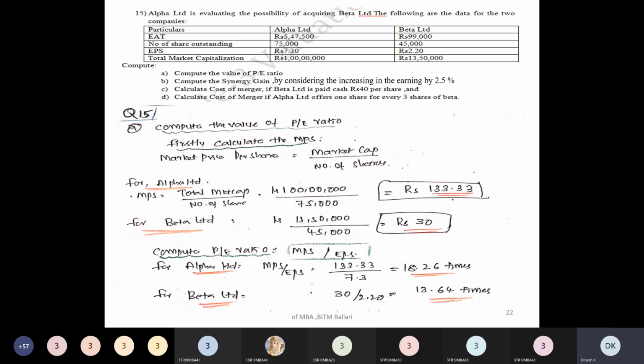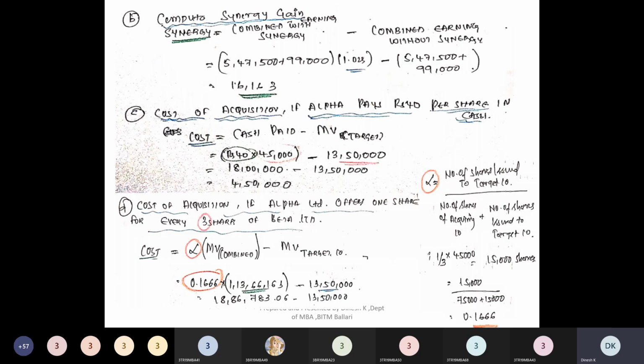So these two things are to be taken here. That is 5,47,500 plus 99,000, which gives the total earnings of both the companies, multiplied by the synergy.